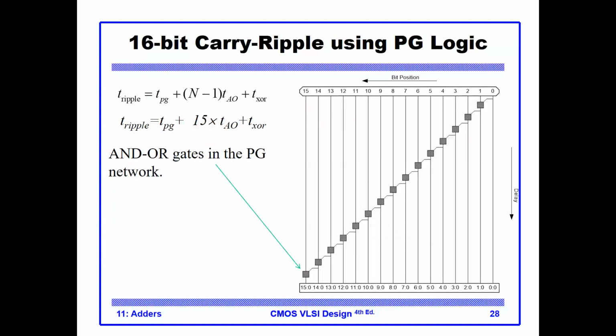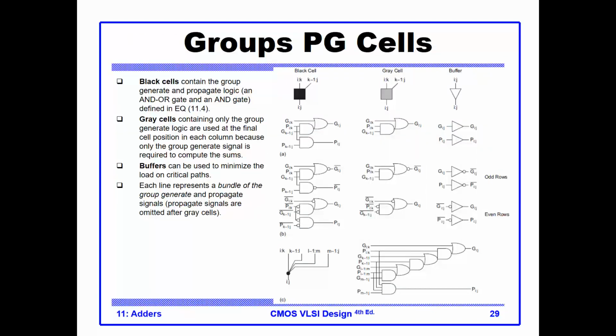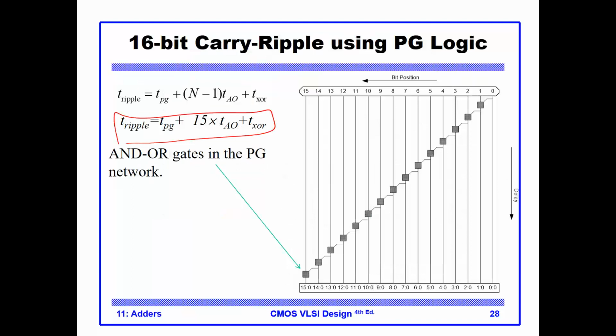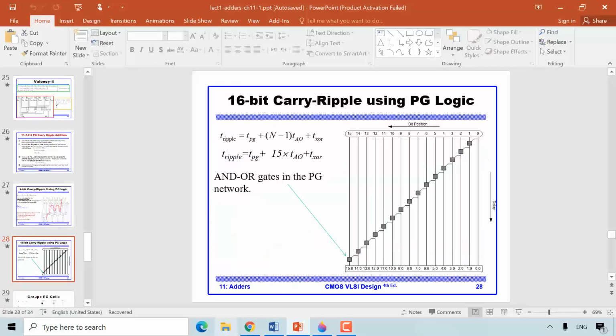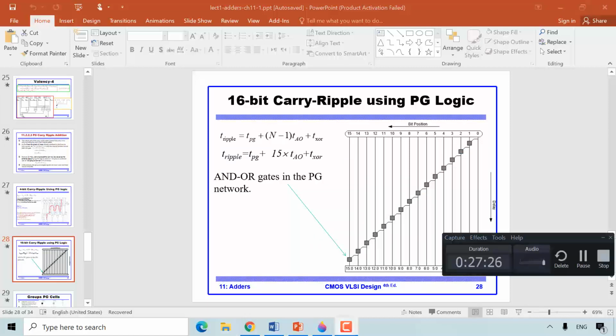Now for a higher width adder, n equals 16, then this becomes the expression. Okay, let's stop at this point and we will continue the discussion in the next class.